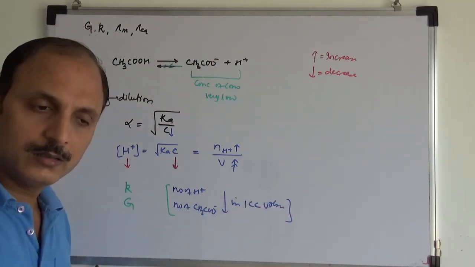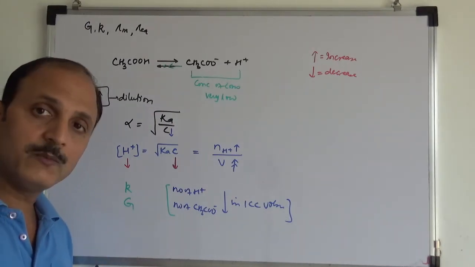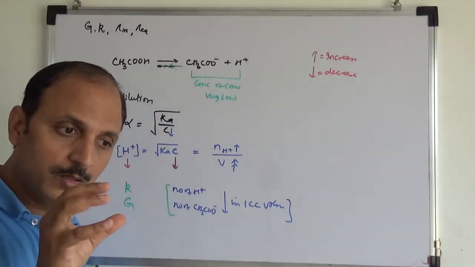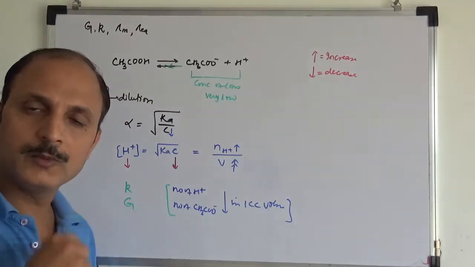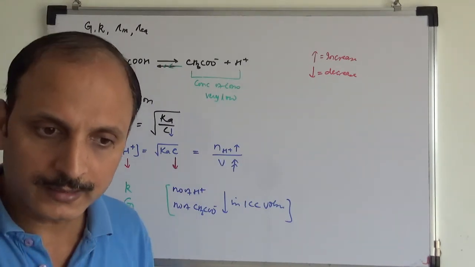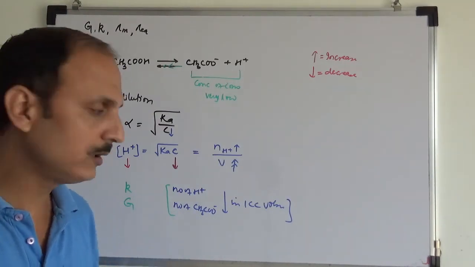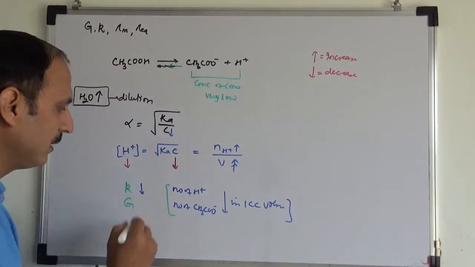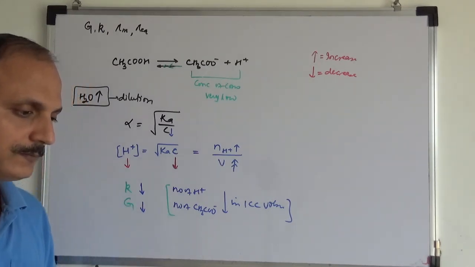The number of H plus ions is increasing, that is true, but at the same time the volume is also increasing. So the number of ions, cation or anion, in 1 cc volume is decreasing, and how many ions are in 1 cc volume is what defines the value of K, the specific conductance. So specific conductance is going to decrease. As a result, G is going to decrease.